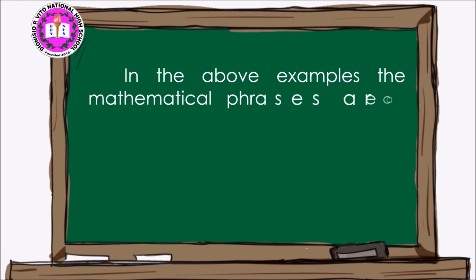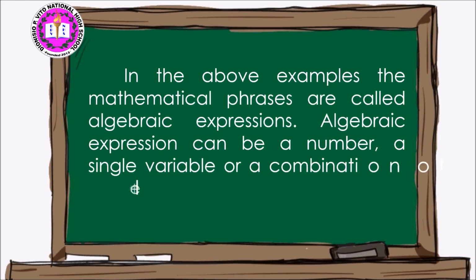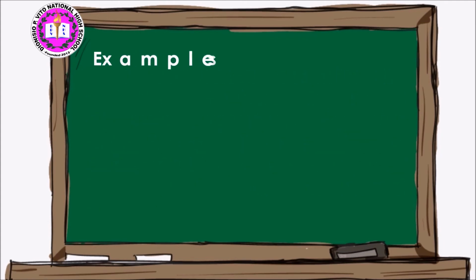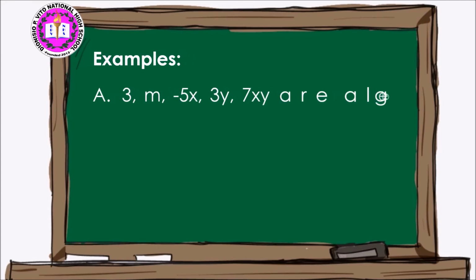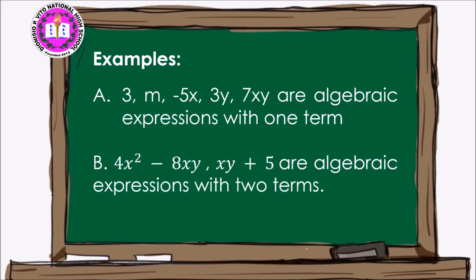In the above examples, the mathematical phrases are called algebraic expressions. An algebraic expression can be a number, a single variable, or a combination of letters, numbers, and operational symbols. Examples. We have 3m, -5x, 3y, 7xy are algebraic expressions with one term.